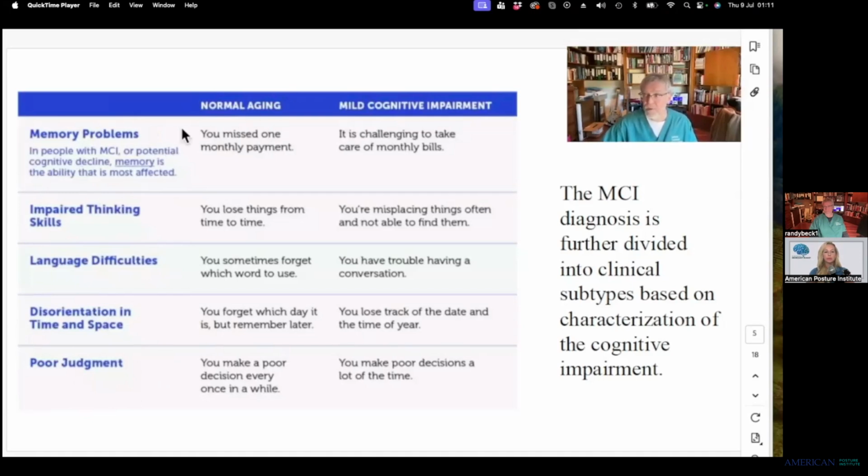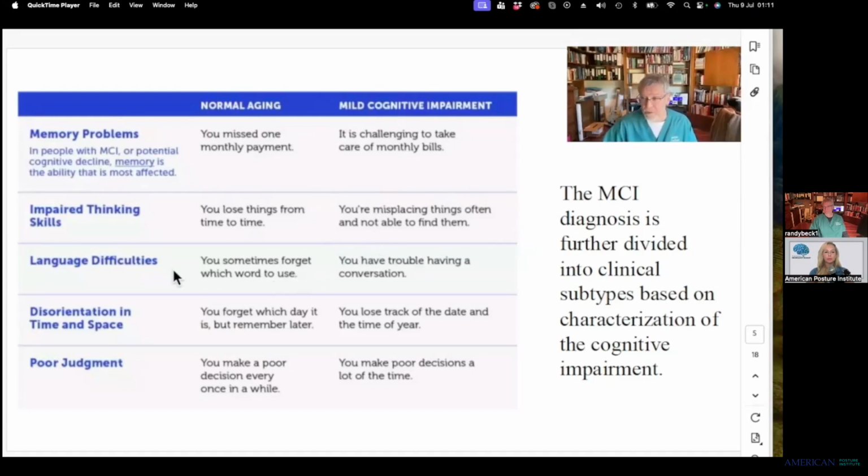So for instance, in normal aging, you might miss one monthly payment in a memory issue. But when we get into mild cognitive impairment, it starts to become challenging to take care of all your monthly bills. Impaired thinking skills: you lose some things from time to time. Now in mild cognitive impairment, you're misplacing things often and you're not even able to find them.